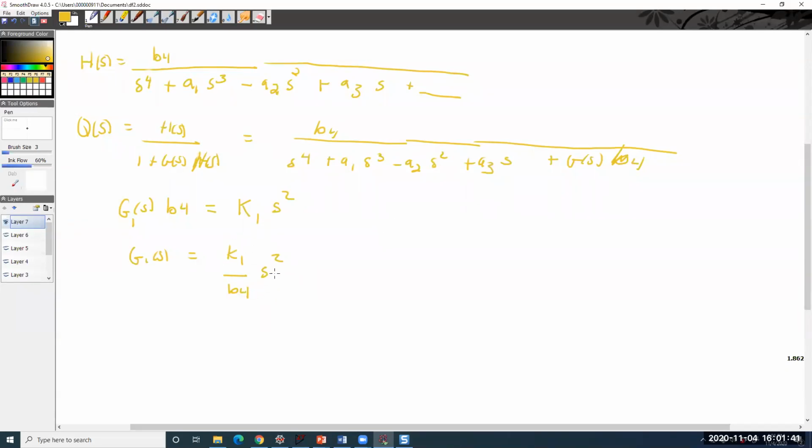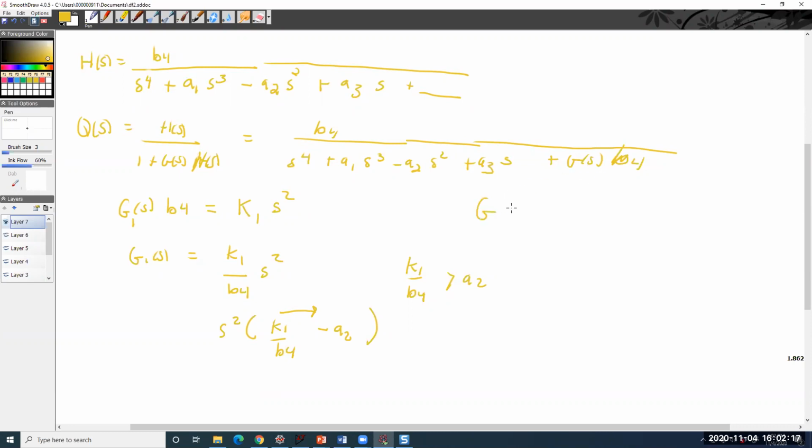Now, when I add this to here, I'm going to have S squared K1 B4 minus A2. In order to make this positive, this has to be bigger than that. So K1 B4 has to be greater than A2. Now I'm missing a constant.